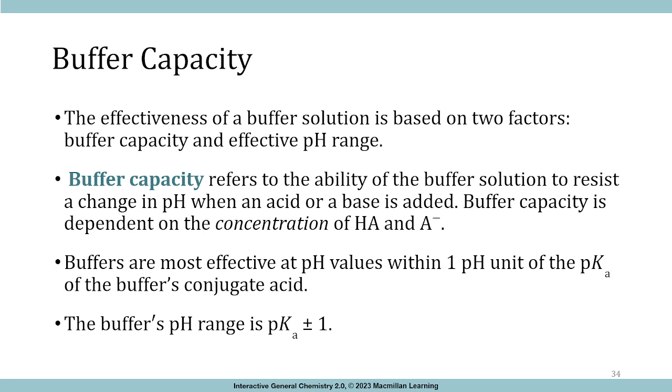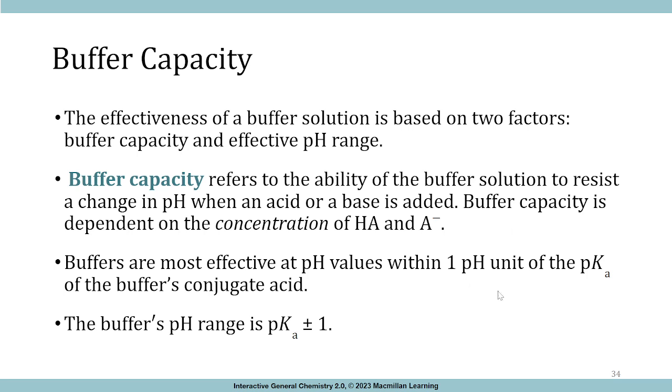Nice and flat, lots of space. That'd be better. But you get the idea, right? Lots of room for error. And again, that's that capacity, capacity for error in that case. This would be buffer capacity.